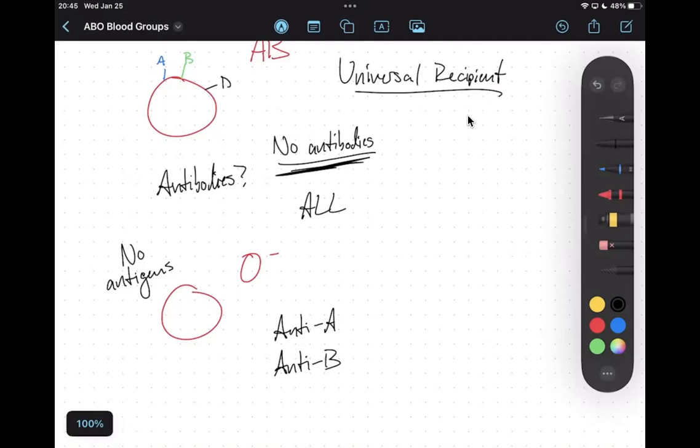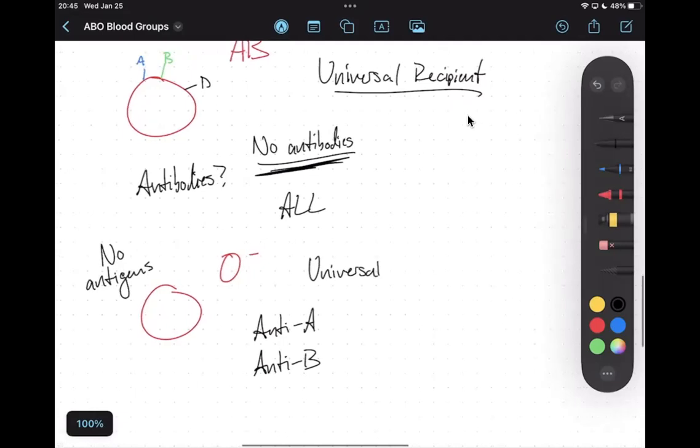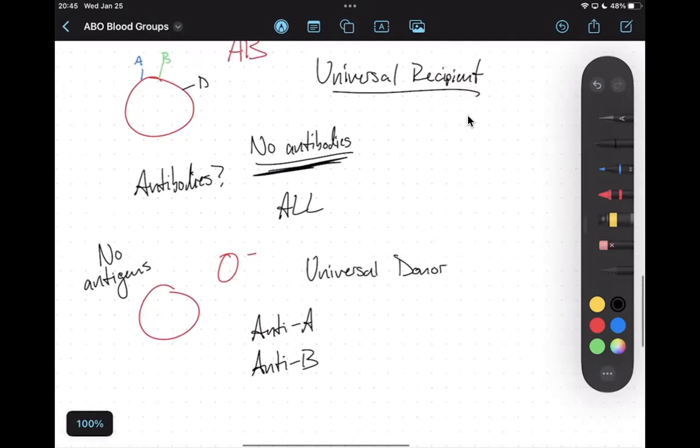So this is what is called the universal donor, meaning this blood can go to anyone else because of the lack of antigens on the surface of this red blood cell.